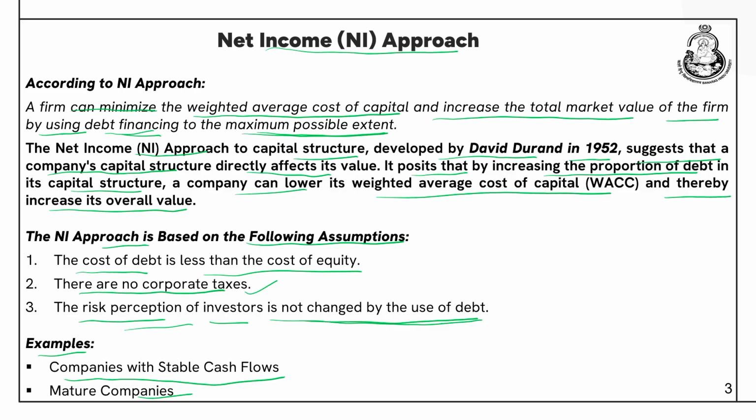If the proportion of debt increases in the capital structure, the risk of liquidation and bankruptcy also increases. So, obviously the risk perception of equity shareholders as well as the risk perception of debenture holders will also increase, which might increase the cost of equity as well as the cost of debt. But the assumption is that the risk perception of investors is not changing, which is again a limitation of this theory.